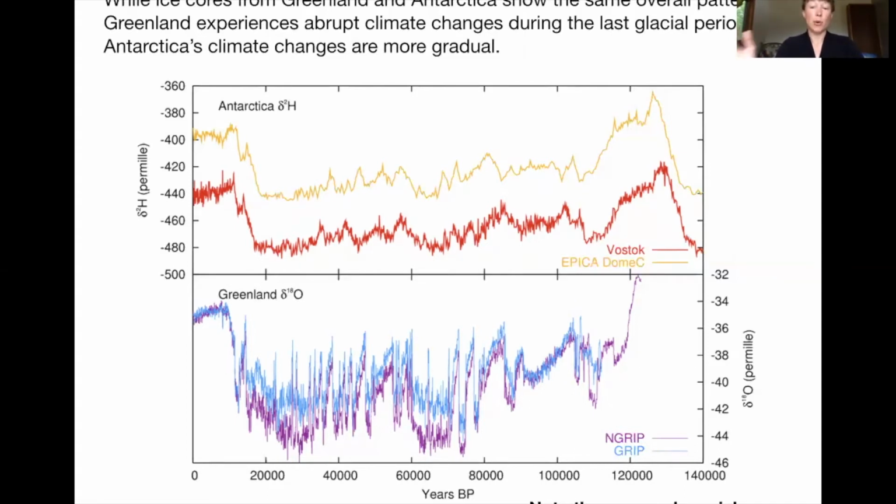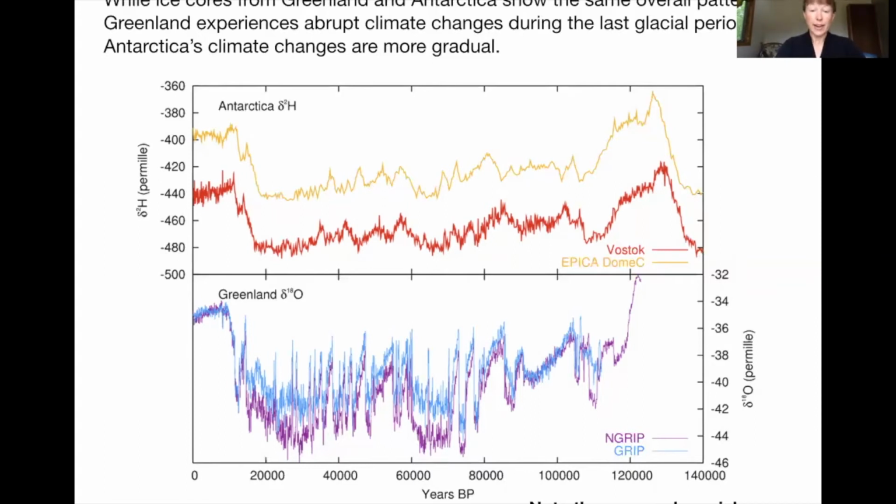And then both hemispheres show this cooling down into the maximum ice age around 20,000 years ago, followed by a rapid warming called the deglaciation, and up into the Holocene, which is a sort of relatively flat warm climate period that we've been in for the last 11,700 years.